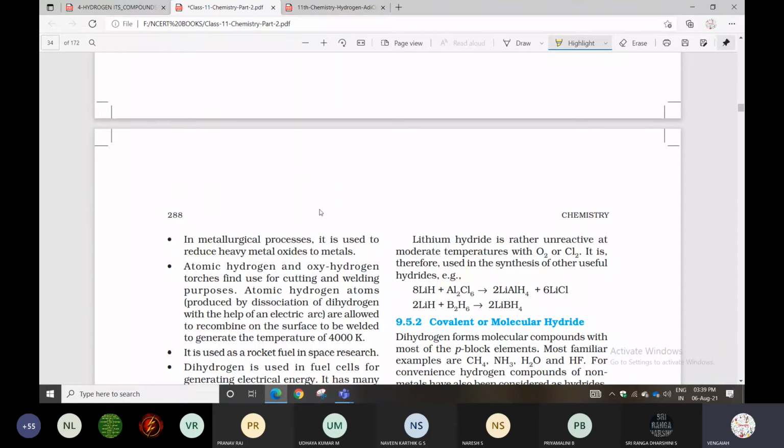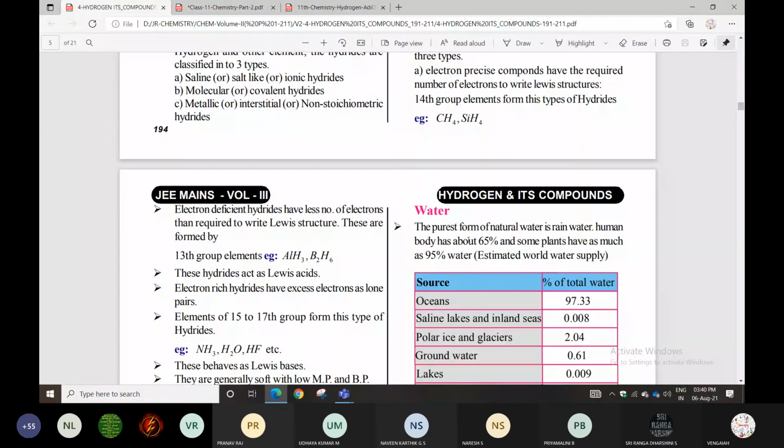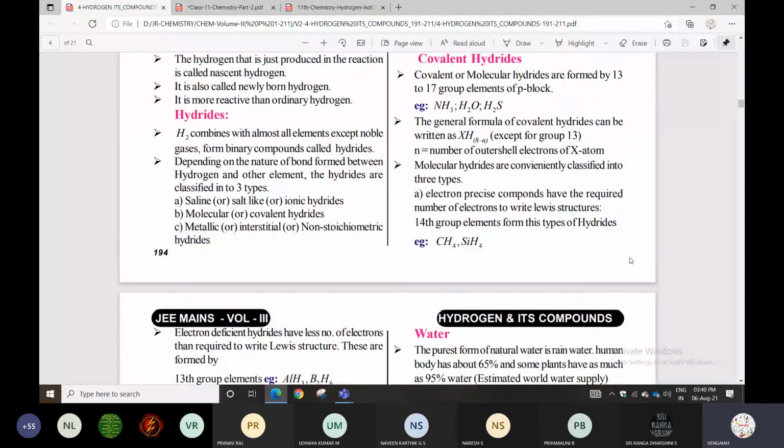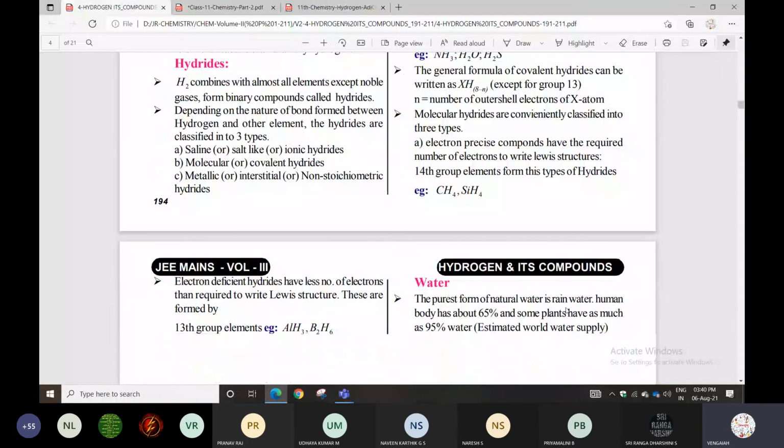Next one is the metallic hydride condition. The d and f block elements you can take. We have one more point, the hydride gap, that is given. You can remember that the hydride gap is nothing but the metals of the 7th, 8th, 9th group, which do not form hydrides.